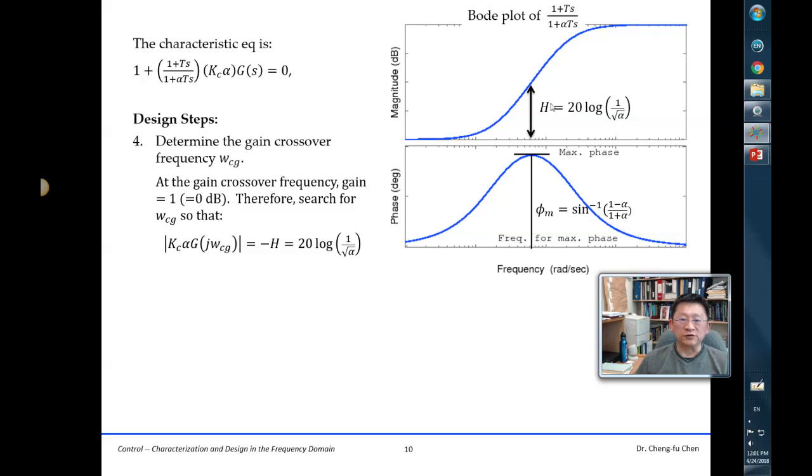The next slide is to determine what h is, because we already determined alpha from the previous step. From here, you simply put in your calculation, and you can calculate h.